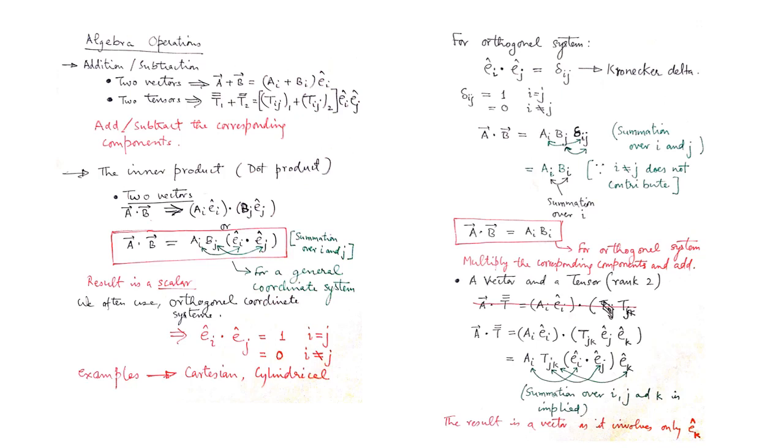This is necessary because actually the vectors are summed over i. For example, A has to be written as A_i e_i, implying sum over i, i being a repeating index in that expression, and similarly B also needs a summation. Since I have already used up one of the indices for representing vector A, I must use a different index for representing the vector B. That's why it is written as B_j e_j.